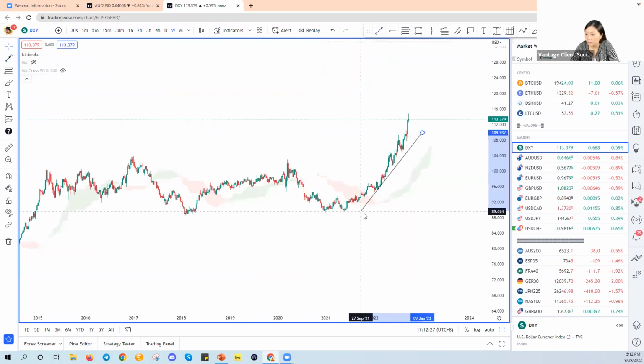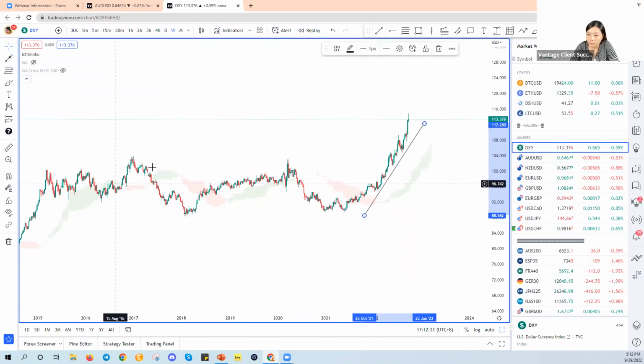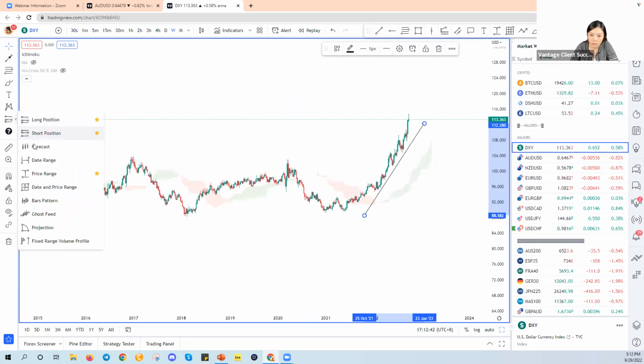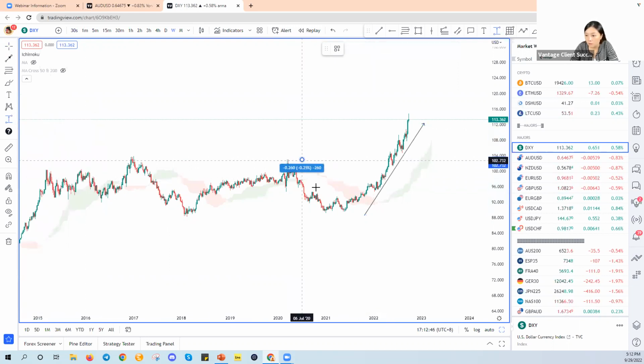It has only been up since 2021. The last time it was in a bearish market was in 2020, probably during the COVID crisis, where it came down 20 to 30%. Let's see if I'm not wrong. Or 13%, it's not that bad.